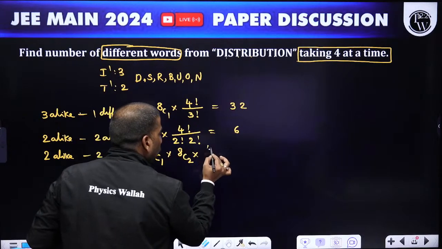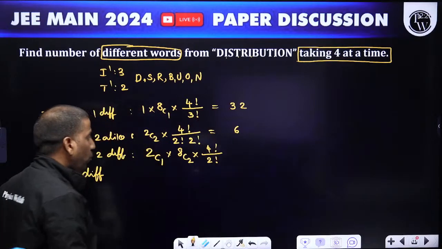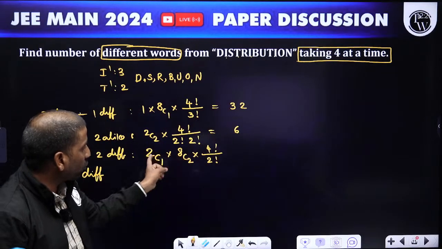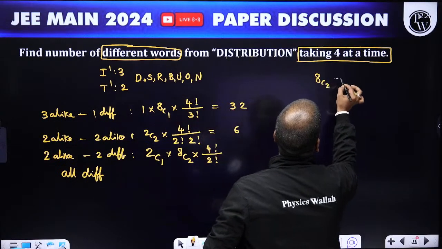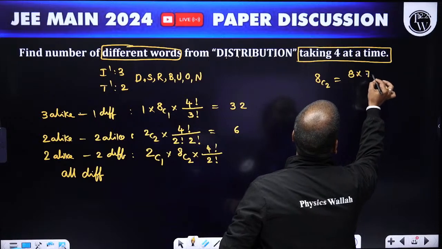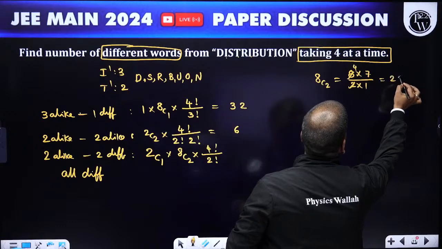So now we have 4 factorial in which 2 are alike, 2 factorial. 2C1 times 2 factorial, both will get cancelled. So 8C2 we need to write, 8 times 7 by 2 times 1, this is a 4, 7 4s are 28.